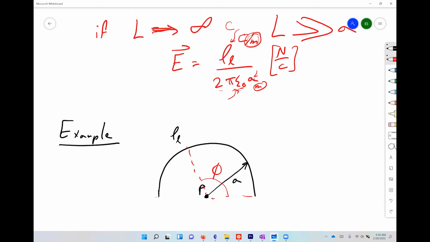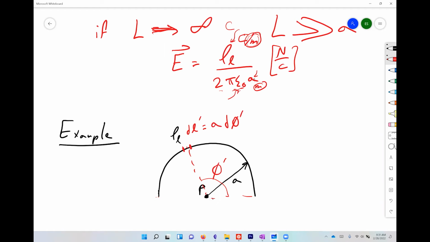Here I'm going to use phi prime because I'm varying it over the source. So the line segment here is going to be dl prime, and for a cylindrical system, this is going to be r d phi prime. R in this case is A, so dl prime is A d phi prime. This is the linear segment.